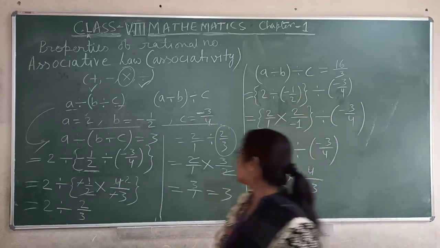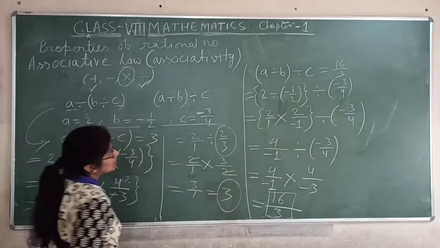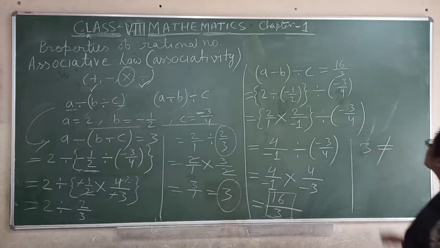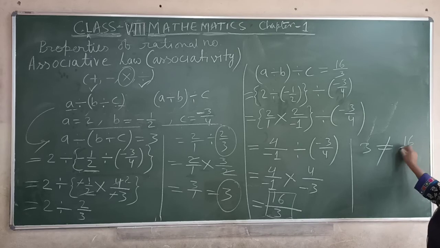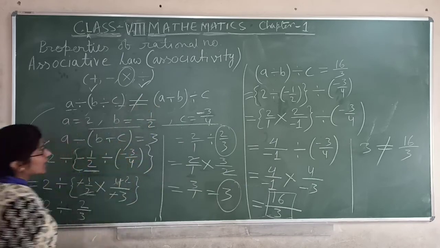In the first case, you are getting 3. So we can say 3 is not equal to 16 upon 3. That's why here also we will make a not equal sign.